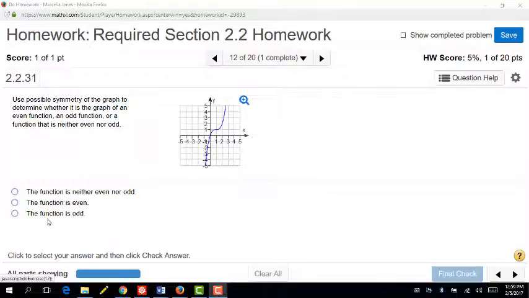Now, when we go to look at whether the function is odd, we're looking to see if we have symmetry about the origin. So what that means is whatever is pictured in quadrant 1 will be reflected in quadrant 3. We clearly don't have that. This picture in quadrant 1 is not mirror imaged in quadrant 3.